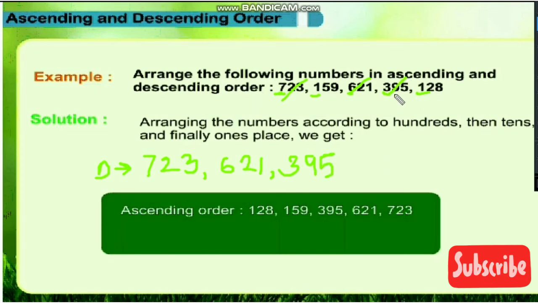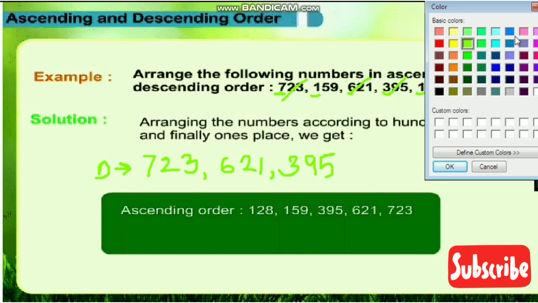Now 2 numbers remain. Their hundreds values are the same. At the hundreds place in both the numbers, 1 is there. So we will compare their tens. Now see here.